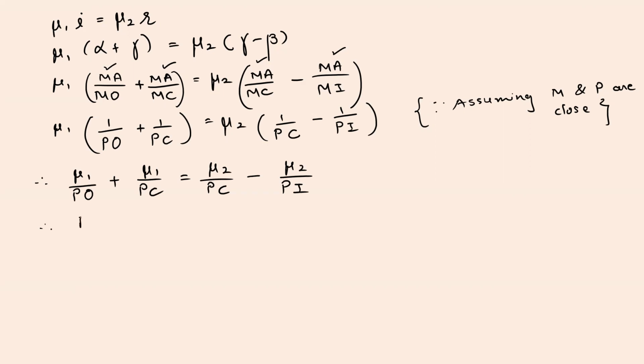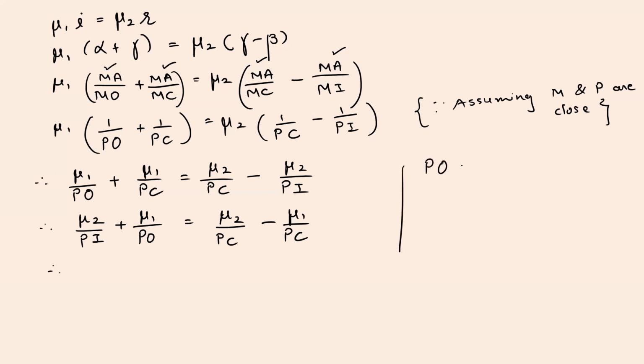In this case, mu2 by PI plus mu1 by PO is equal to mu2 by PC minus mu1 by PC. But you know what? PO is nothing but your object distance.